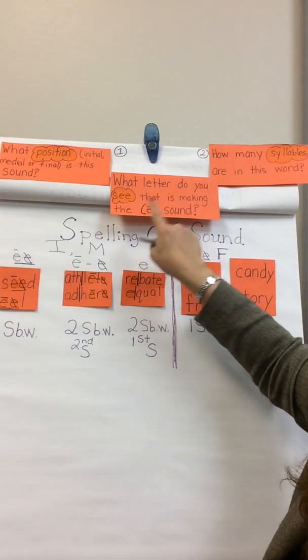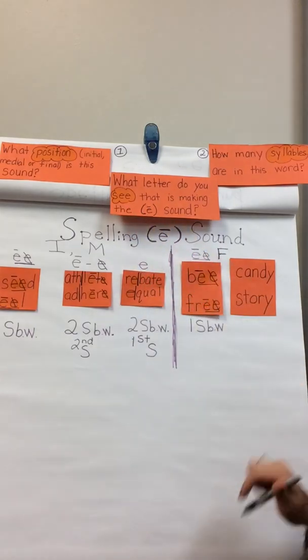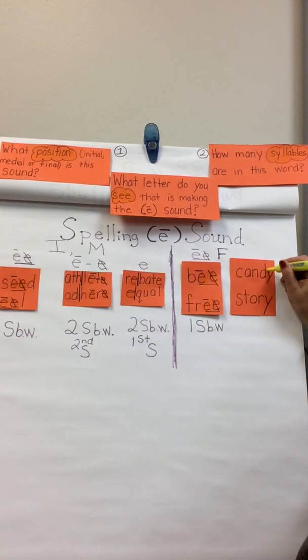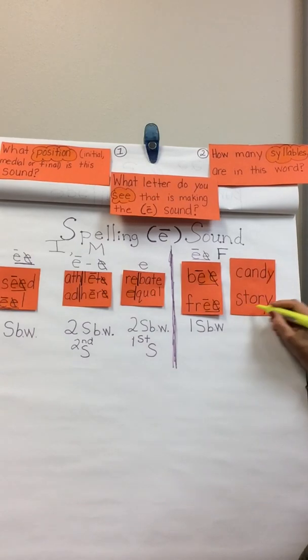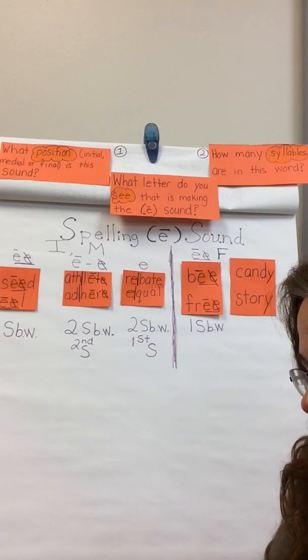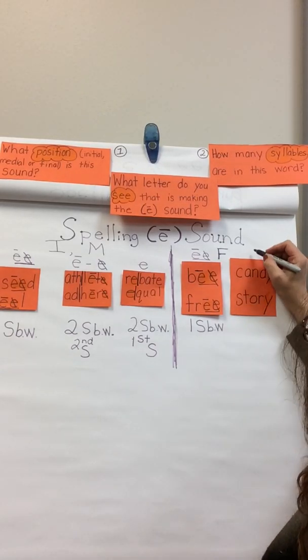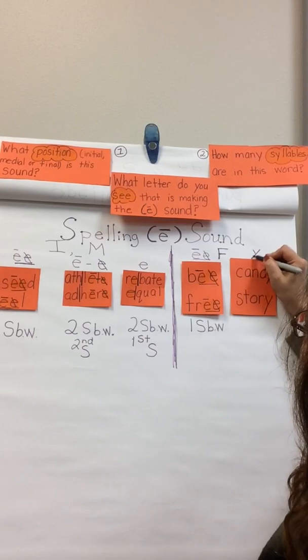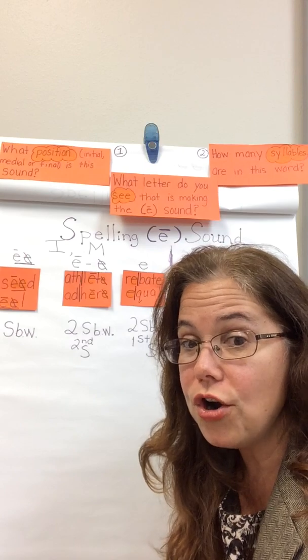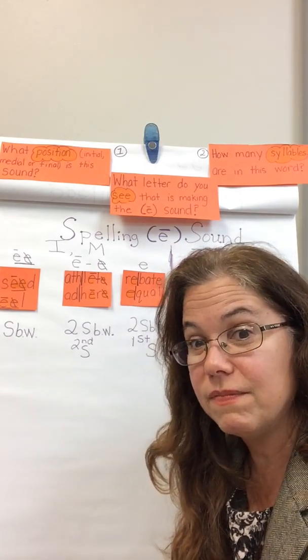Next question. What letter do you see that's making the E sound? Well, let's look at it. Candy. Oh, look at that. It's a Y. Story. Look at that. It's a Y. And I highlighted that. I don't know if you can see it that well. I should have used a darker one. So it's a Y making that E sound. And actually, when Y is in the middle of a word or a final part of a word, it's a vowel.